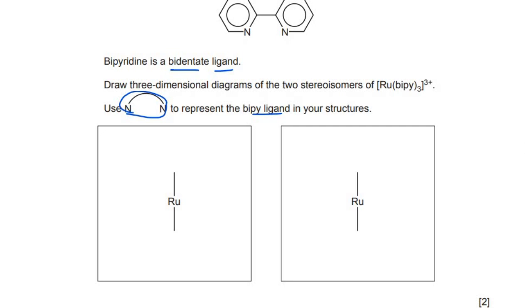Ruthenium forms octahedral complexes. So obviously the stereoisomers have to be optical isomers, and let's start drawing a 3-dimensional diagram. A 3-dimensional diagram is specified here. So you need to have the bold lines and dotted lines. Obviously the front 2 lines have to be the bold lines. So that's how I'm drawing here.